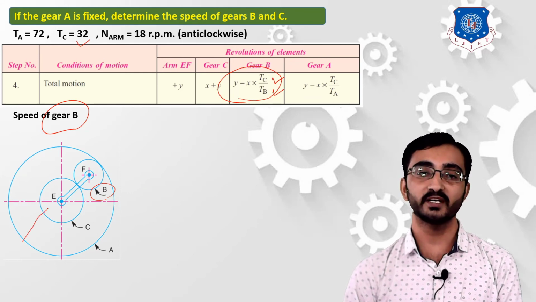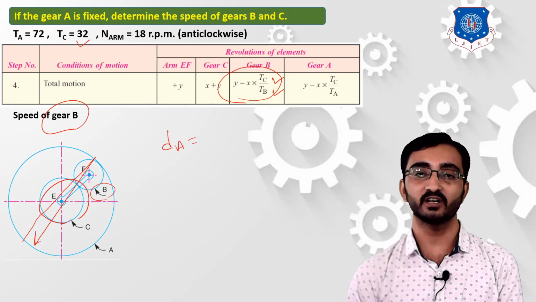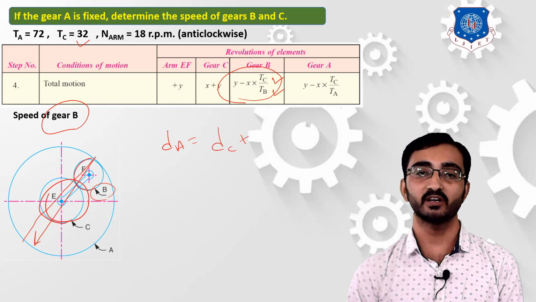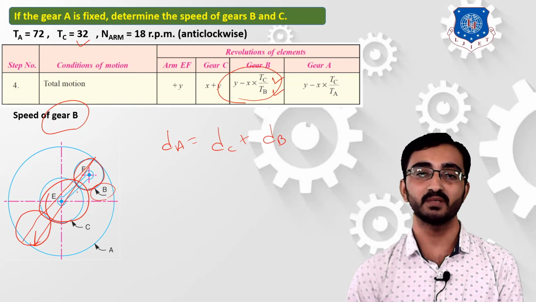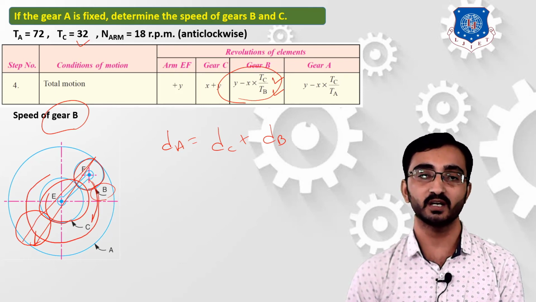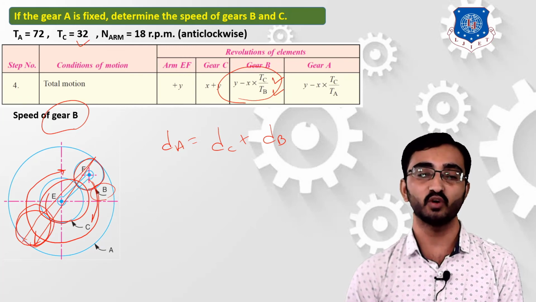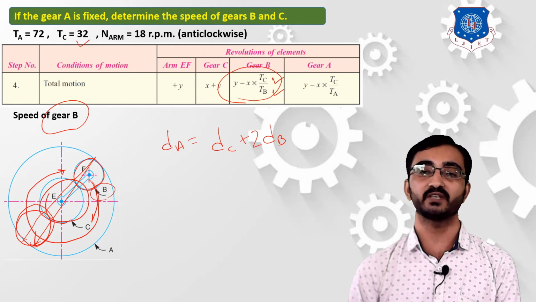From this diagram you can refer that the diameter of gear A is made up of mainly two terms, that is the diameter of gear C plus the diameter of gear B, and the remaining space also contains a diameter of gear B, because this gear B will be rotating around this periphery. So we can simply say that this much distance will also be a diameter of gear B. So it is 2 times the diameter of gear B.